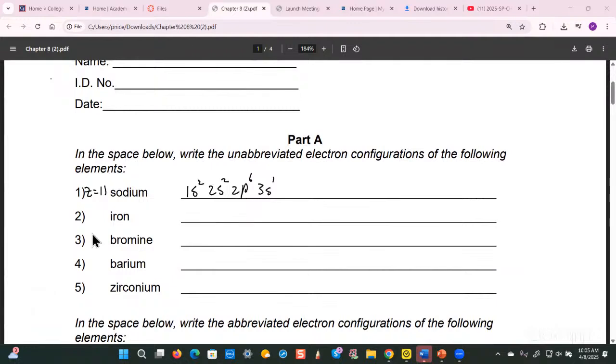Any questions about this one? All right, let me clear this because I want to do one example of the abbreviated version.